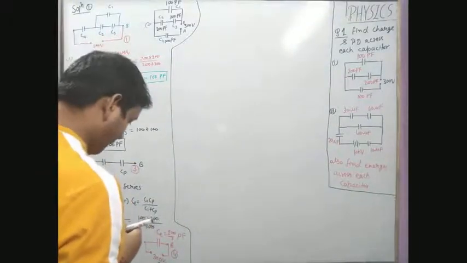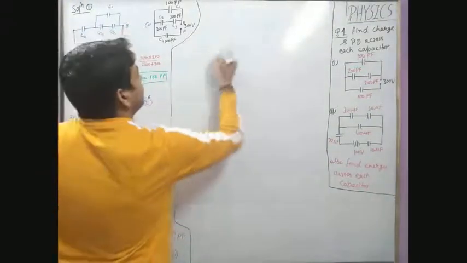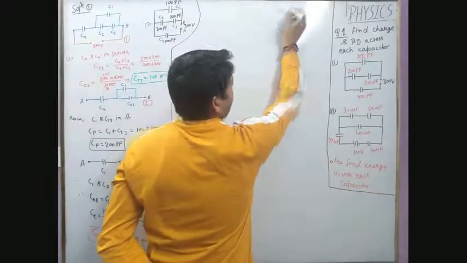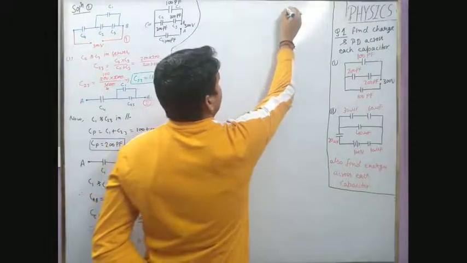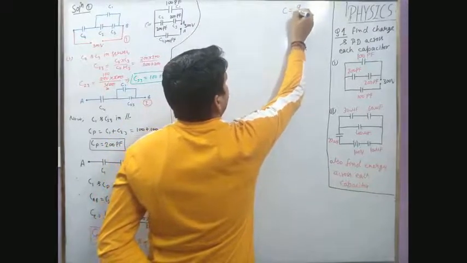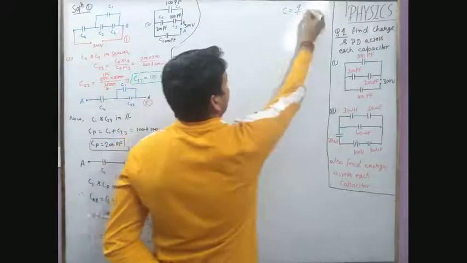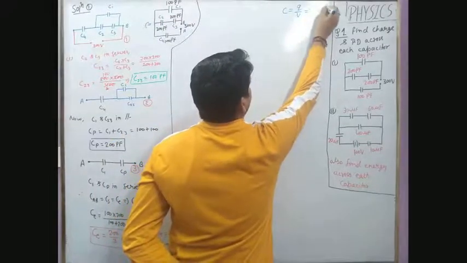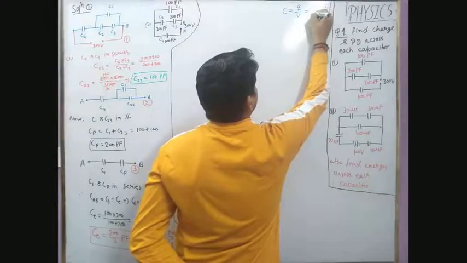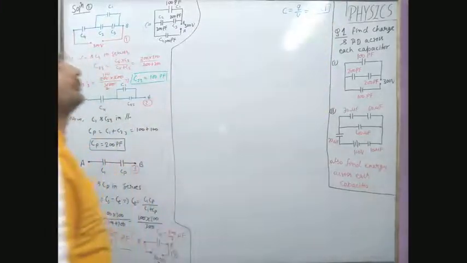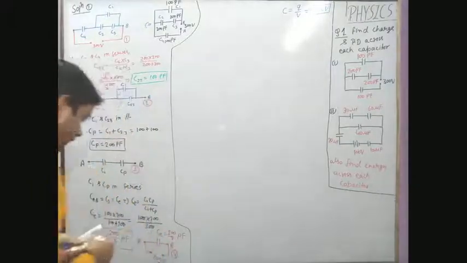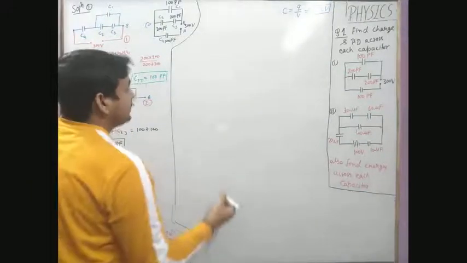Therefore, first we have the value of capacitor. C is equal to Q upon V. Now from here you will calculate that Q is equal to CV. Clear? Now first we calculate the charge in the circuit.